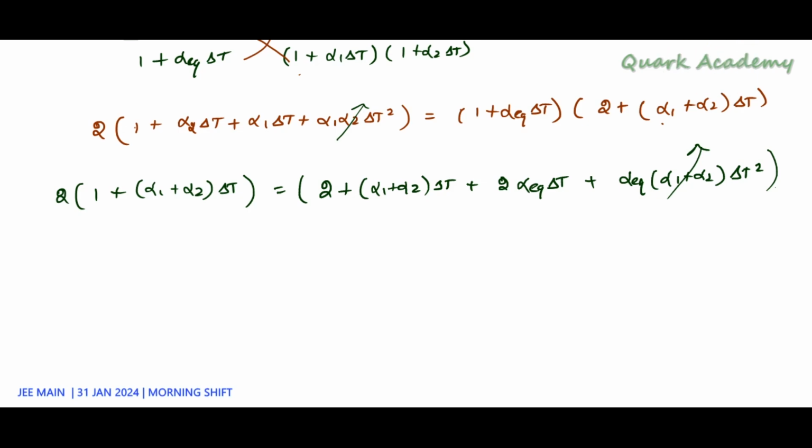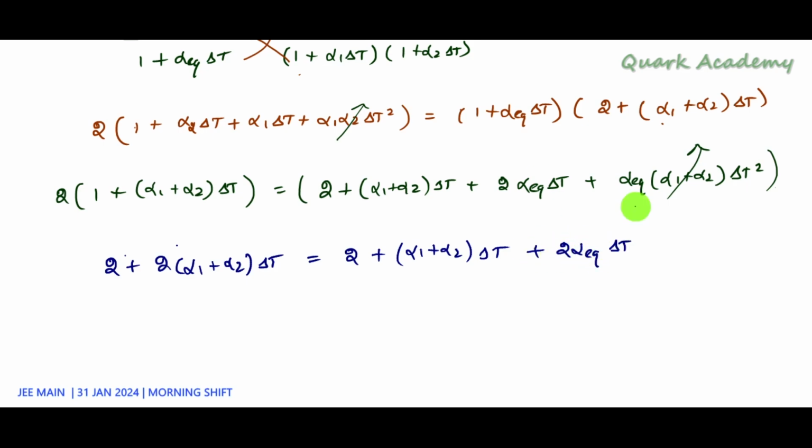So we are left with 2 into 1 plus alpha 1 alpha 2 delta t, which is equal to, maybe I can expand this LHS. This is going to be 2 plus 2 into alpha 1 alpha 2 delta t, which is equal to 2 plus alpha 1 alpha 2 delta t plus 2 alpha equivalent delta t.